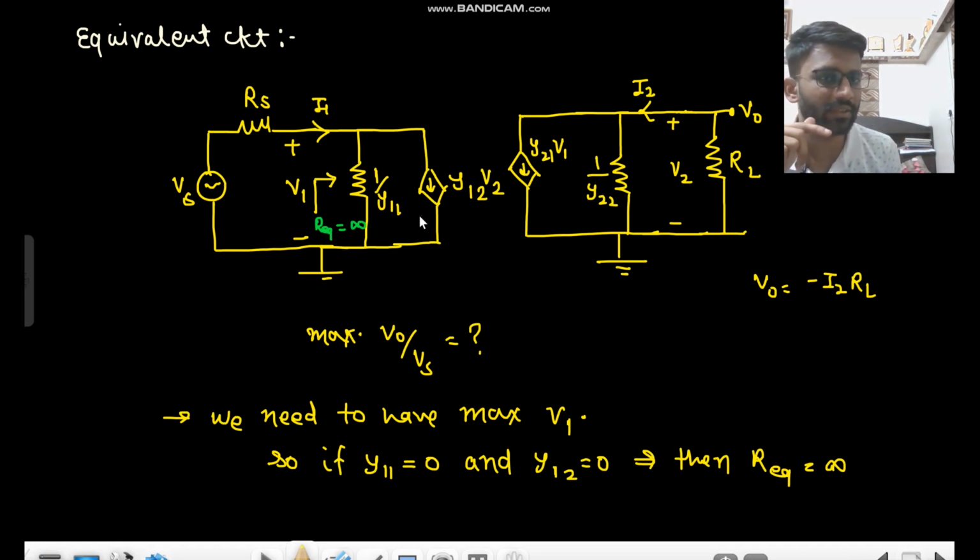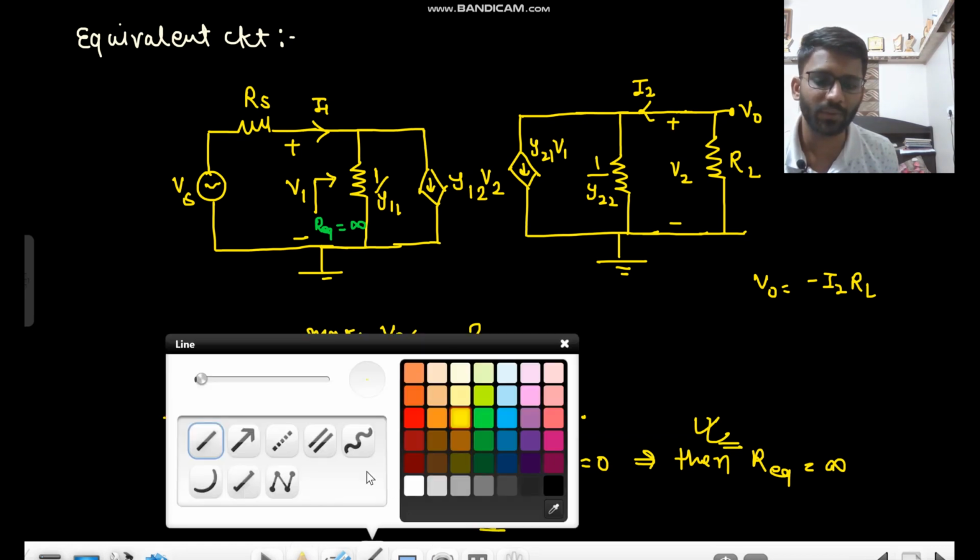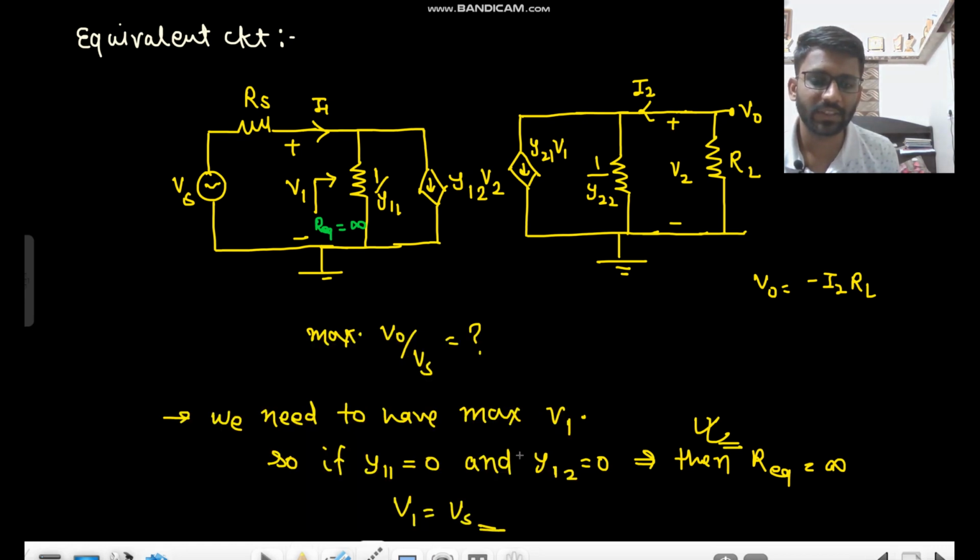If a voltage source is 0, that means short circuited; if a current source is 0, that means open circuited. So this complete configuration will be open circuited, and V1 would be equal to Vs. So this is the first condition: Y11 and Y12 should be equal to 0.